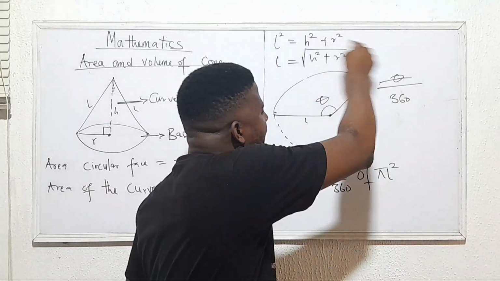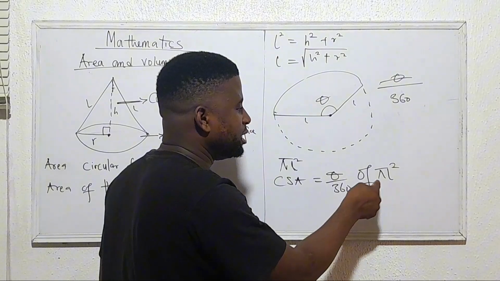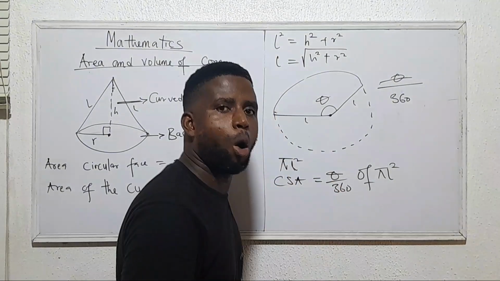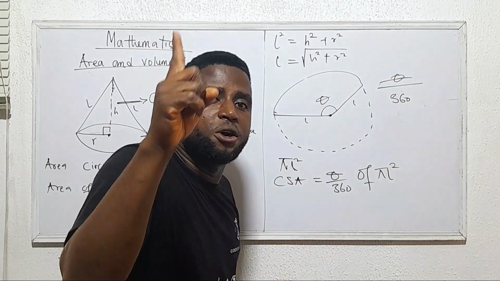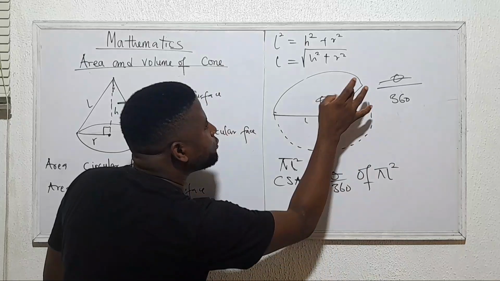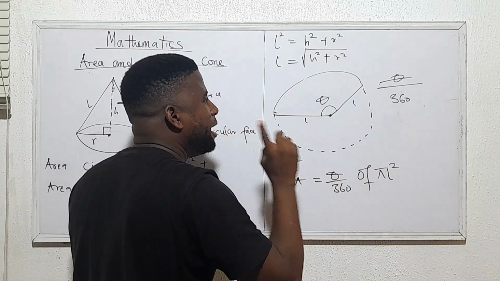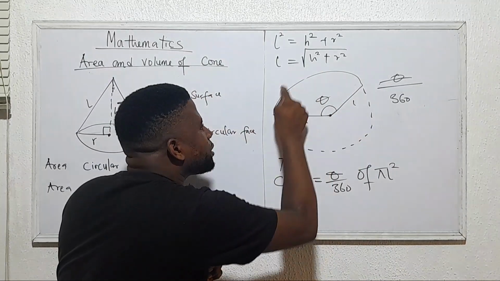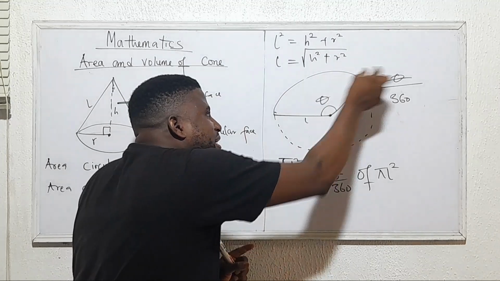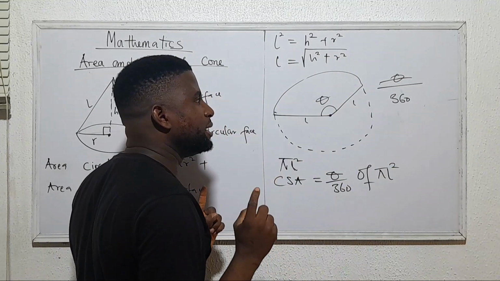Because the full area of this circle is pi L square. But we are only concerned with the area of this part of the circle. And we know that this part of the circle already is theta over 360, right?